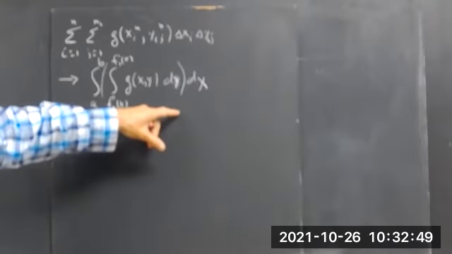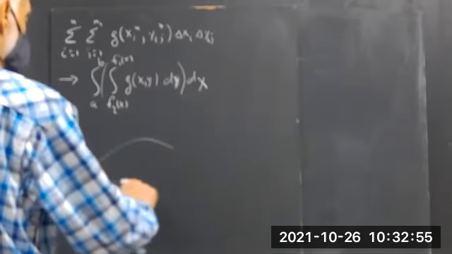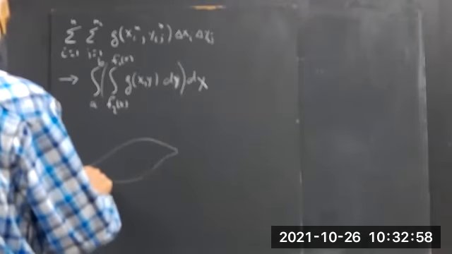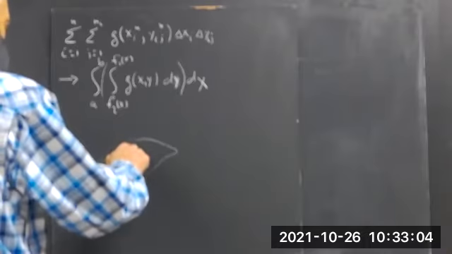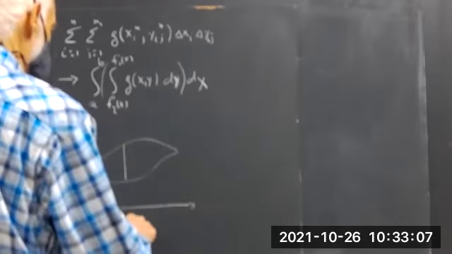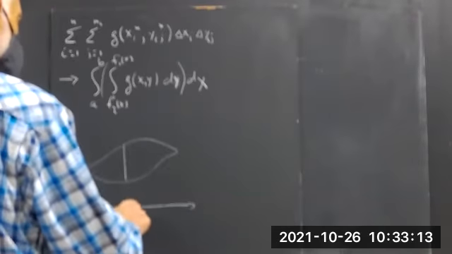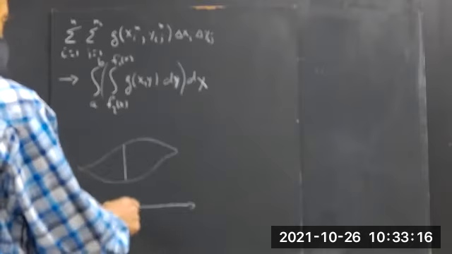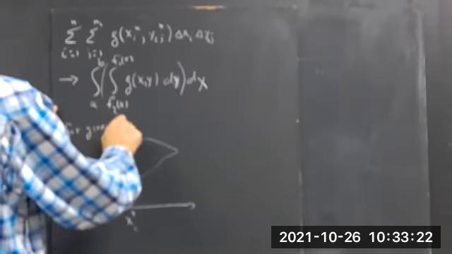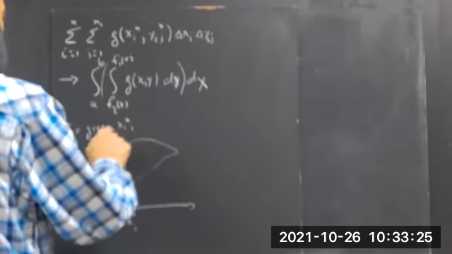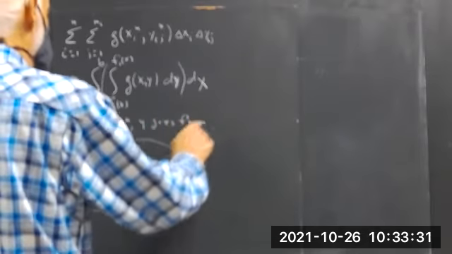So again, you can visualize this region in terms of what happens for a given value of x, say for given xi star. y goes from what?